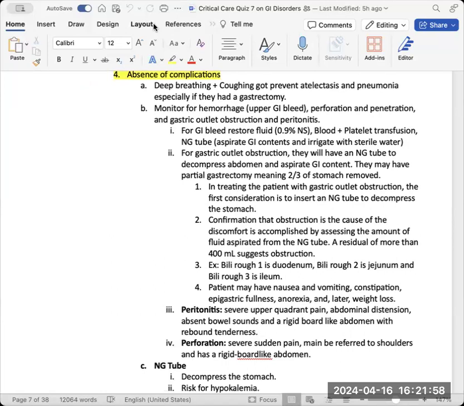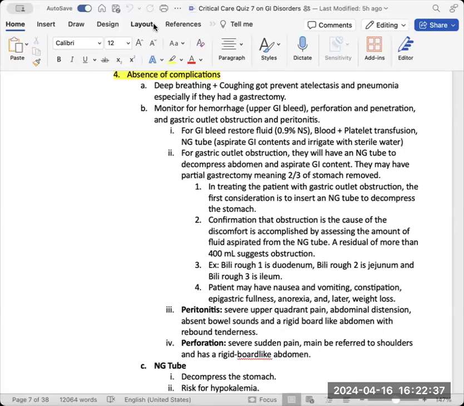One of our priorities becomes restoring fluid. And when they have a GI bleed, we also want to have an NG tube there in the hopes of aspirating GI contents and helping to decompress the stomach. For gastric outlet obstruction, actually, the first thing that you do would be an NG tube because it decompresses the stomach, but also what helps confirm if a patient has a gastric outlet obstruction, or a lot of stuff going on in their GI tract, like things building up, is that if they're able to aspirate 400 milliliters of fluid, that signifies that they probably are having obstruction.